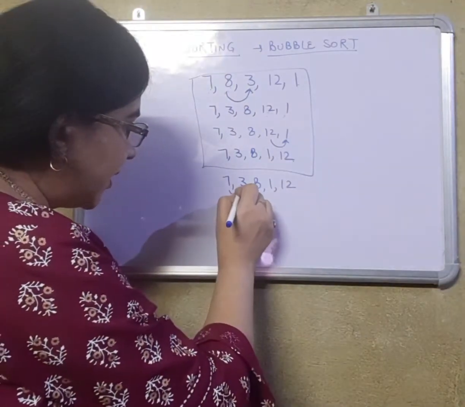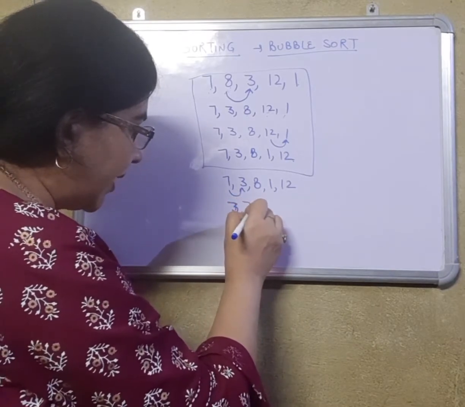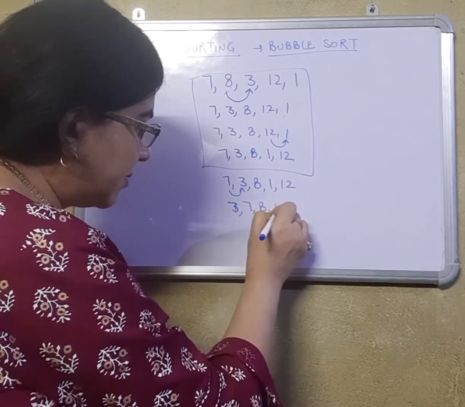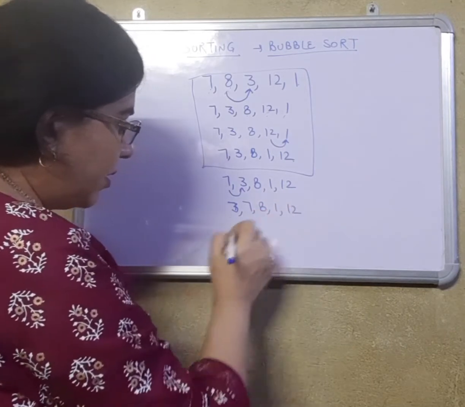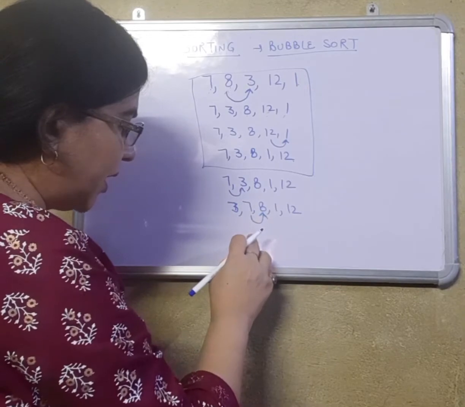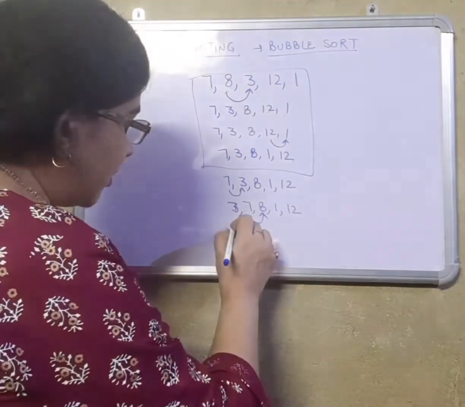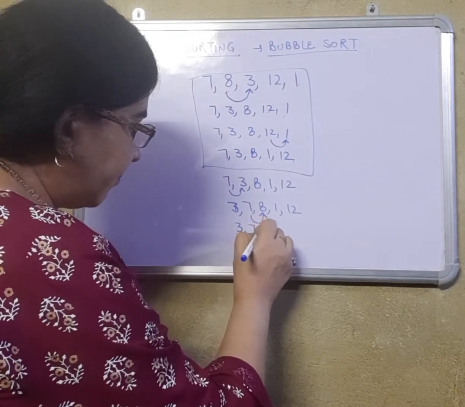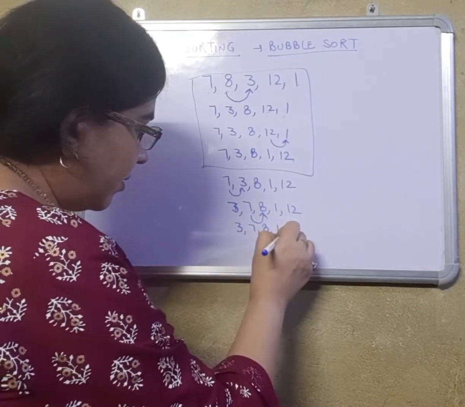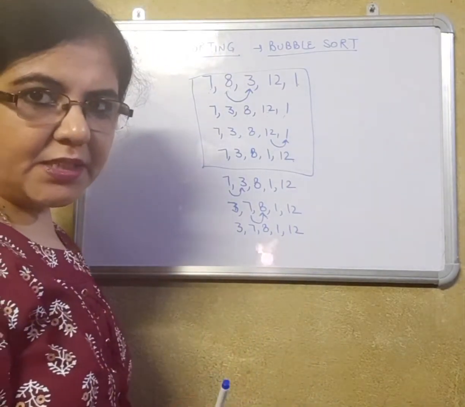7 is greater than 3 is a true condition, so 3 and 7 will exchange their places. Then it will go to the next position and 7 will be compared with 8. Is 7 greater than 8? No. So it will remain as it is. Then 8 will be compared with 1. Is 8 greater than 1?